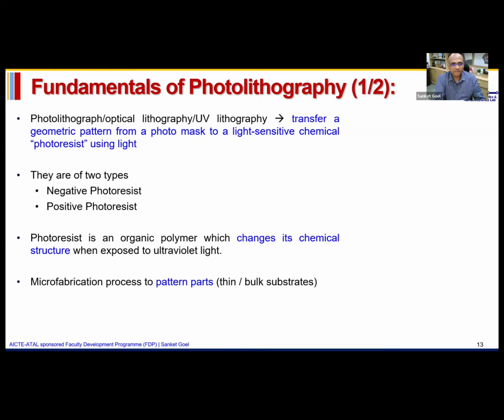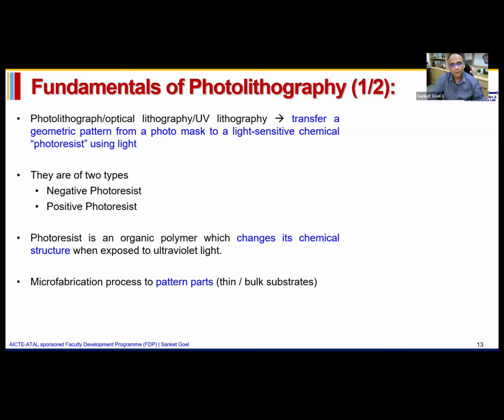So photolithography, if I plug all these three words together, is how we can use light to create patterns on a specific substrate. And that substrate can be textile or paper or polymer or glass or silicon, whatever you want. Of course, to create the structures on all these substrates, you have to use a different strategy.